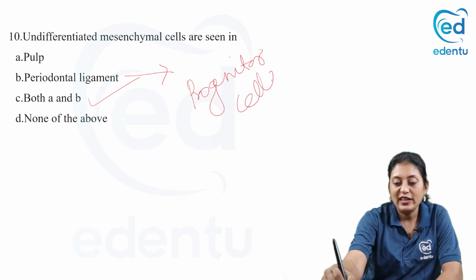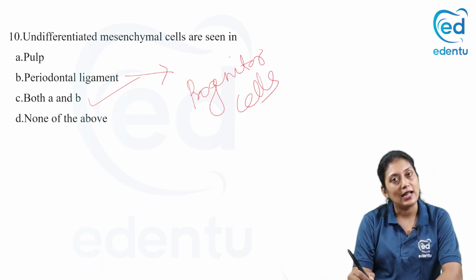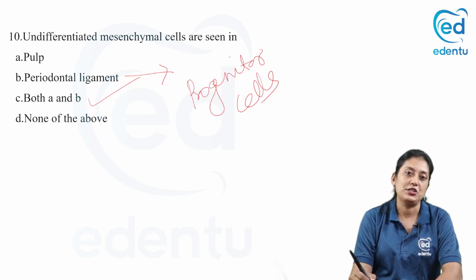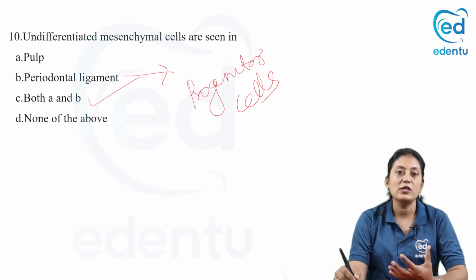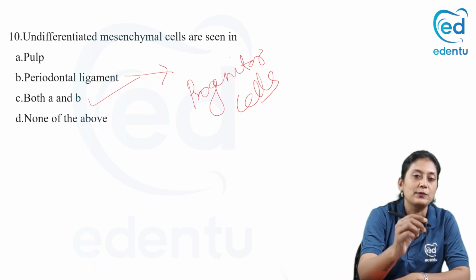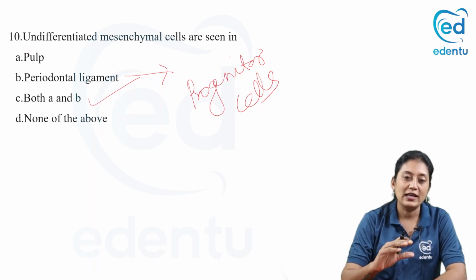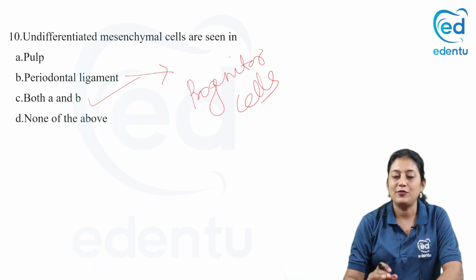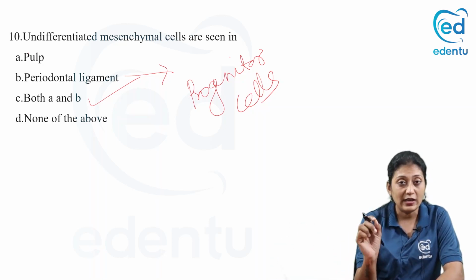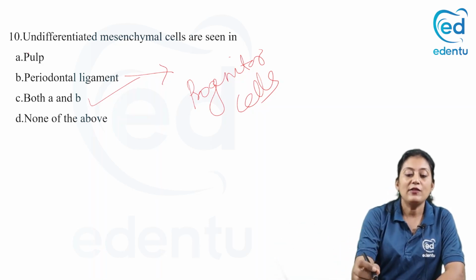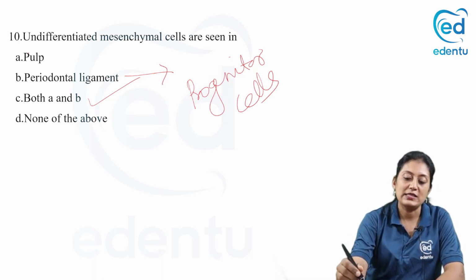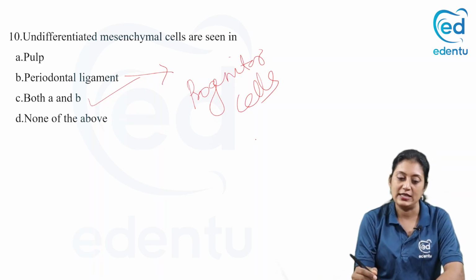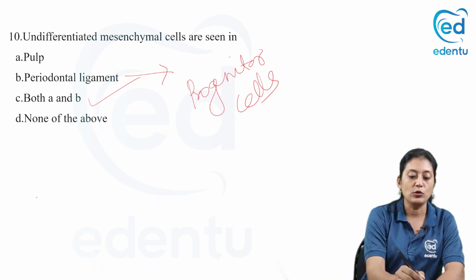But if you carefully read, the progenitor cells are nothing but undifferentiated mesenchymal cells. So please remember, because many times students will choose the option only pulp, because in the textbook it is clearly written that in pulp you see undifferentiated mesenchymal cells. But be very careful, because even in the periodontal ligament you are seeing undifferentiated mesenchymal cells, which are specifically called progenitor cells. So here the answer is both A and B.